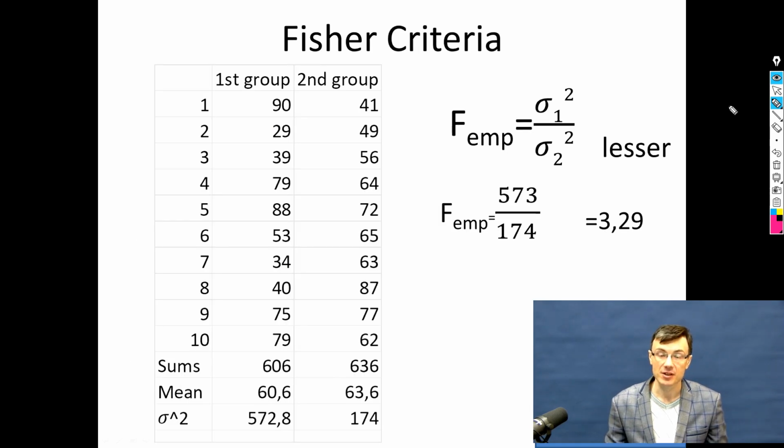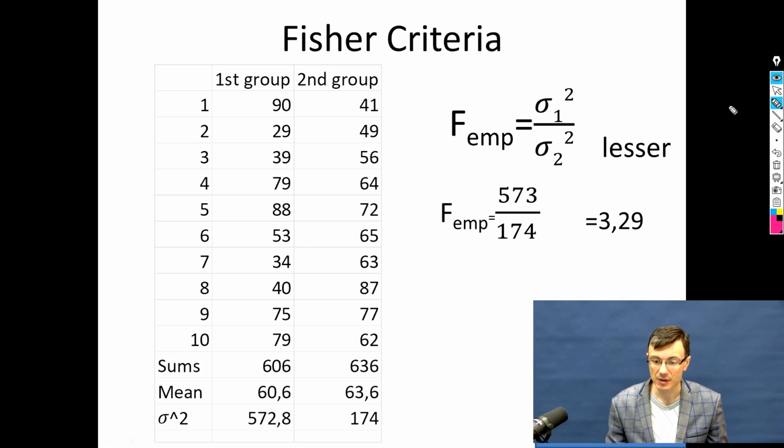Sometimes in statistics, when we want to see if there is any difference between two groups, we use Fisher's criterion, based on the ratio of the standard deviations of these two samples.